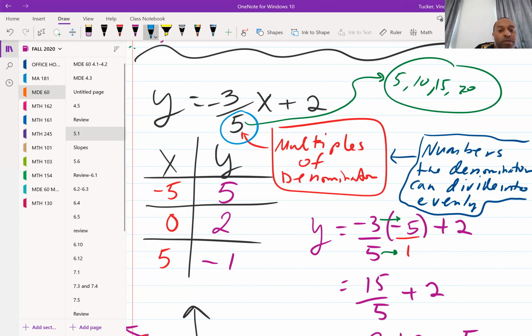If I had 7, I would choose 7, 14, 21, 28, something that the 7 can divide into. Same thing as if I had 11. I would choose values that the 11 could divide into evenly. So I chose negative 5, 0, and 5.